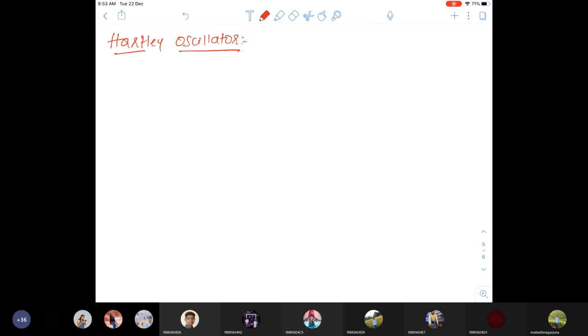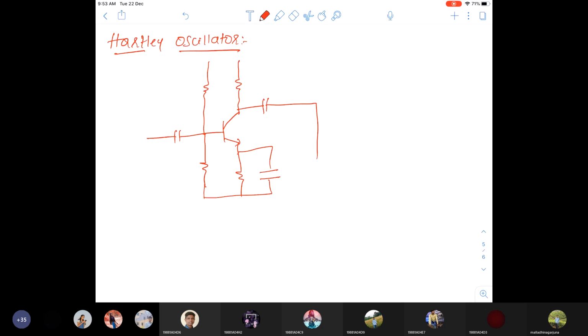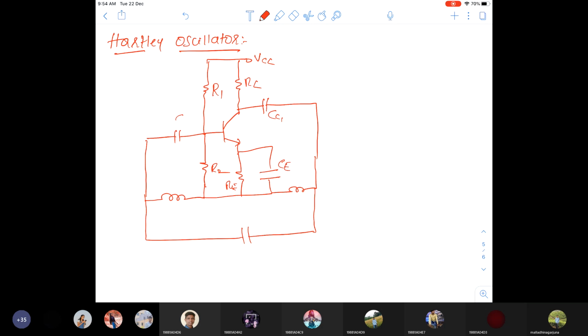This is the circuit of the Hartley oscillator.